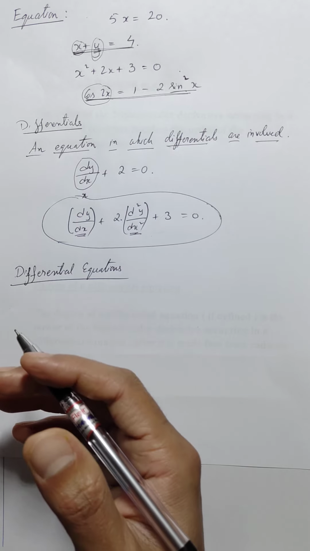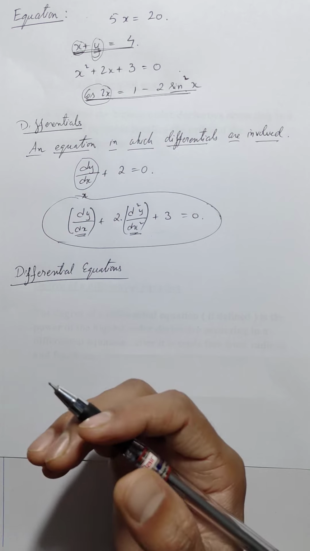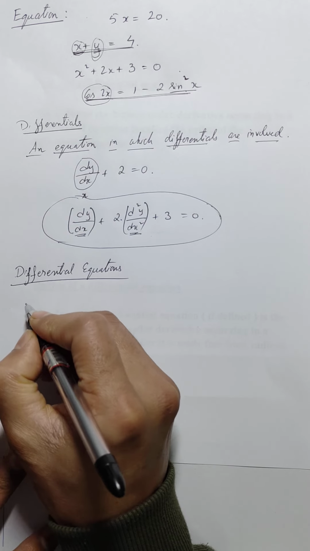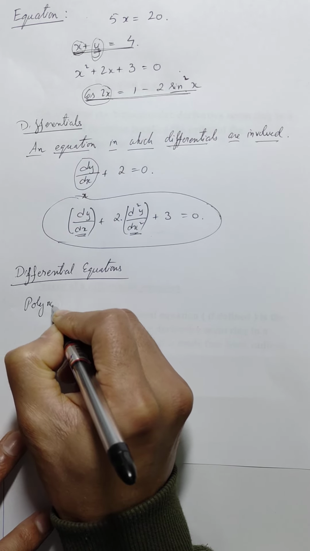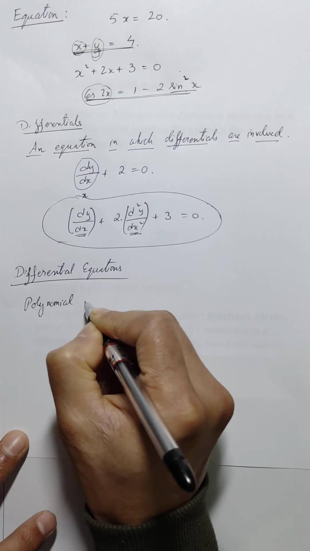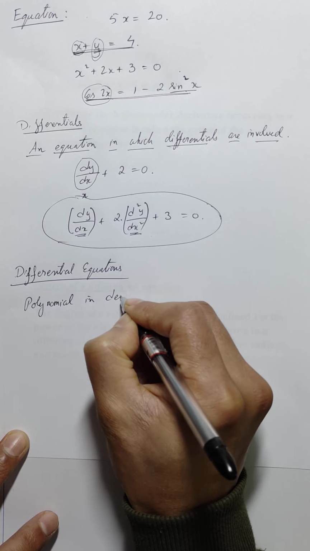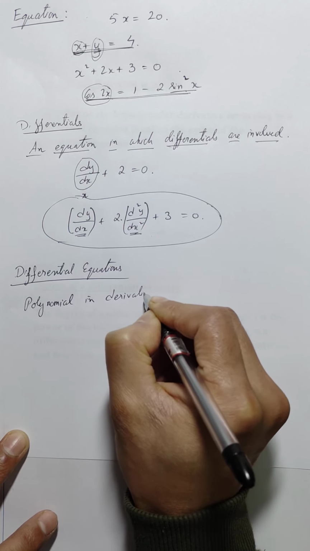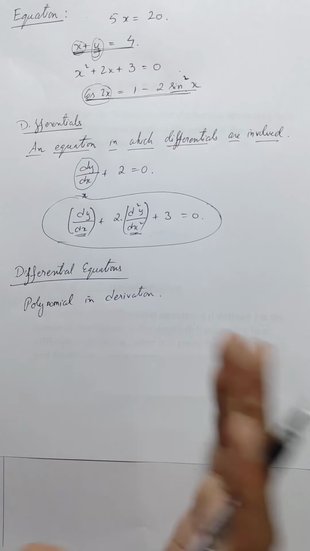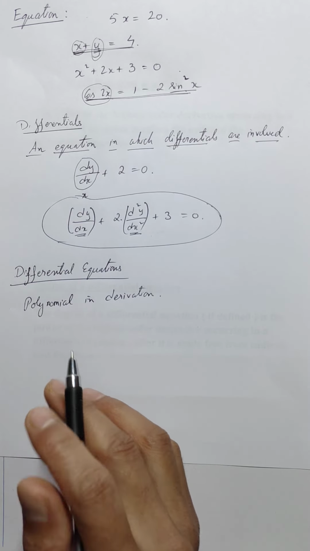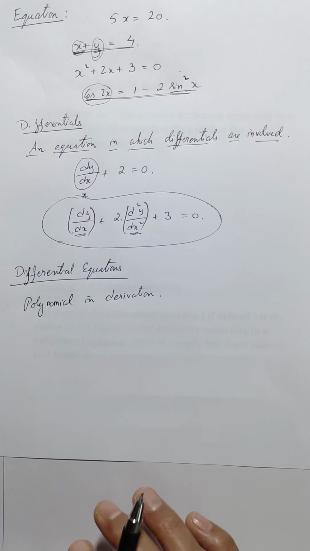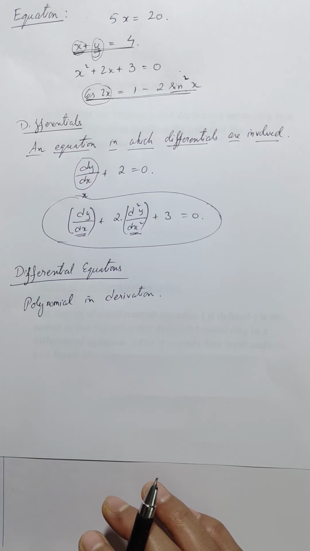For example, we can also say that a differential equation is like a polynomial in derivative. What did I say? Equations which have differentials. So in other words, but there are some conditions, and those conditions we will of course be learning in detail again.